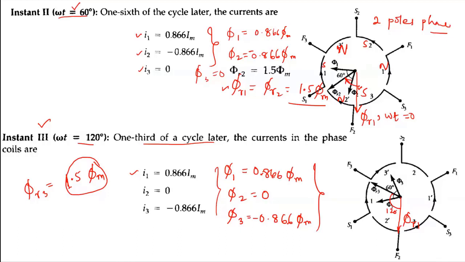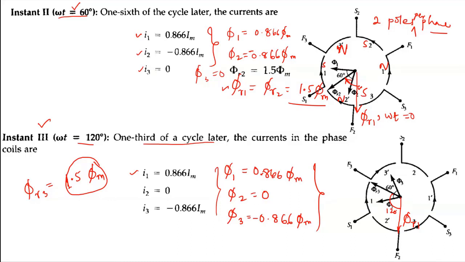Similarly, if I increase the number of poles per phase, suppose I make it 4 poles per phase or 6 poles per phase, that means your rotation will vary accordingly, right? It will cover half of the time.